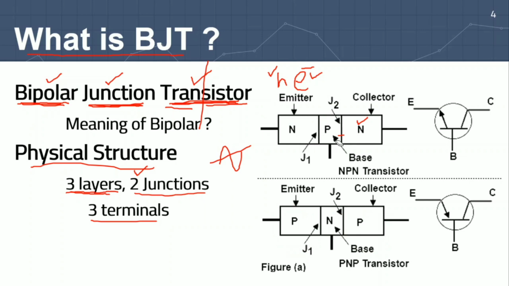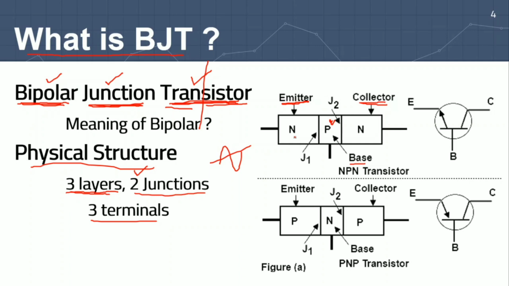We call the middle layer the base. One terminal or one end is called the emitter. The other end is called the collector.